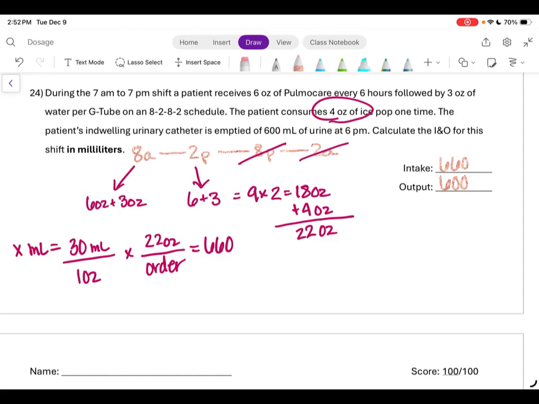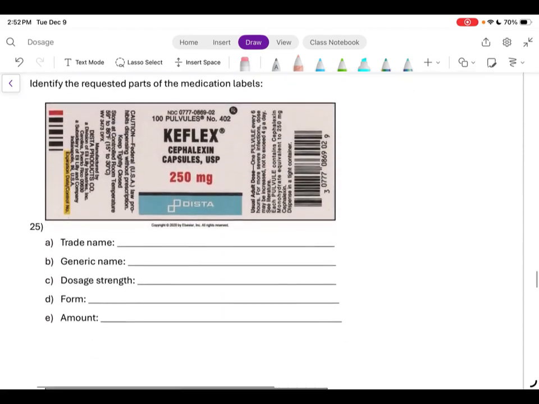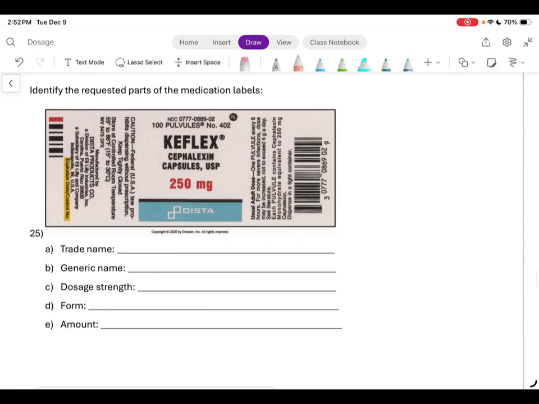Okay. All right, now let's look at some labels. All right, so trade name, again, always big bold letters and always usually the top name, right? So we have Keflex. Generic name right below it in smaller letters, Cephalexin.